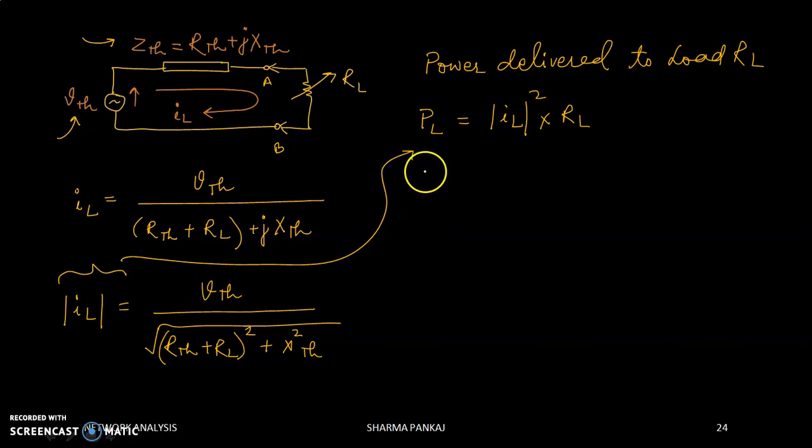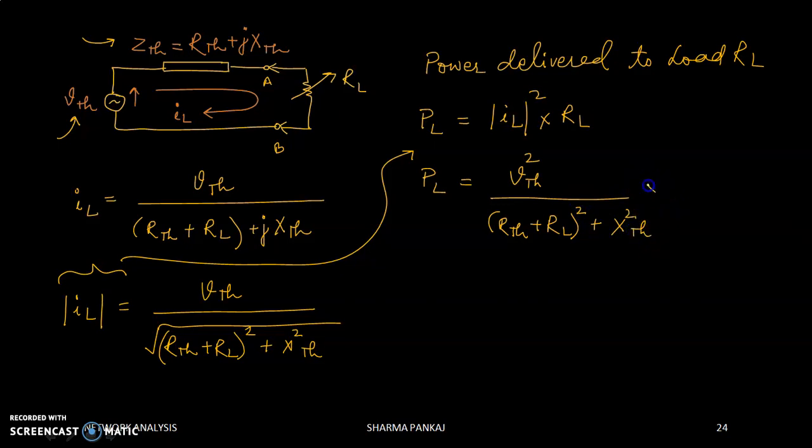So we are going to have PL equal to VTH square divided by, since it is whole square, the under root will be nullified, so we have (RTH plus RL) whole square plus XTH square, into this RL.